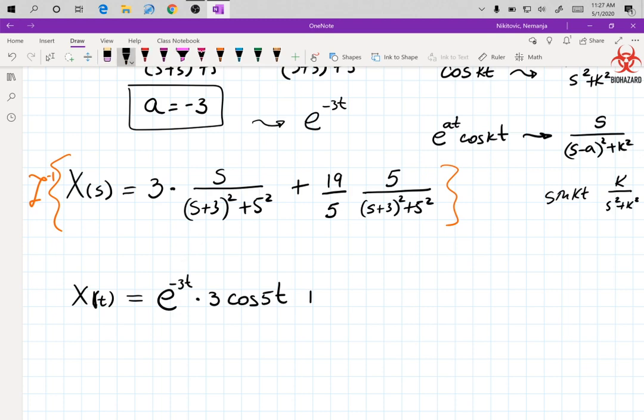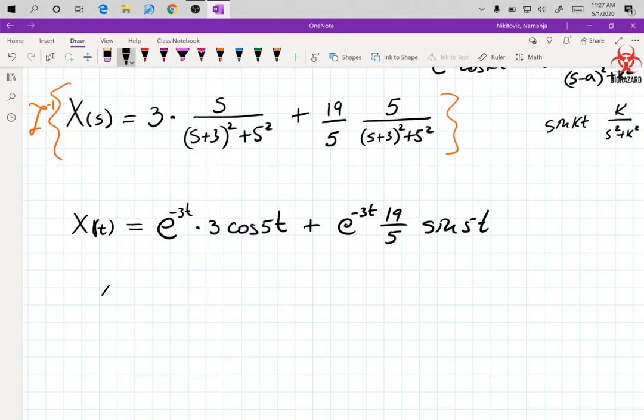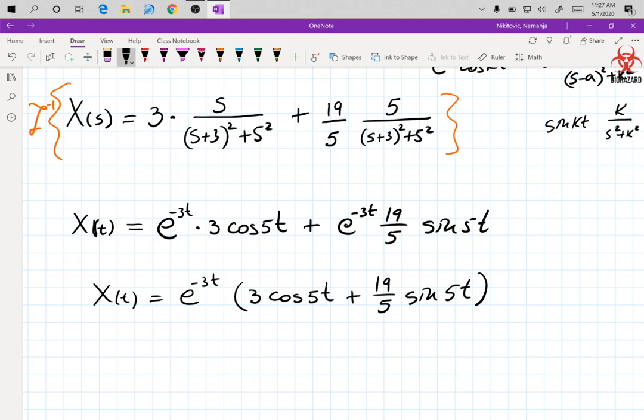And then we have plus, this guy spits out e to the -3t, and we have our 19 over 5 sine 5t. Now I have x(t) equal to e to the negative 3t, and then 3 cosine 5t plus 19 over 5 sine 5t as a solution.